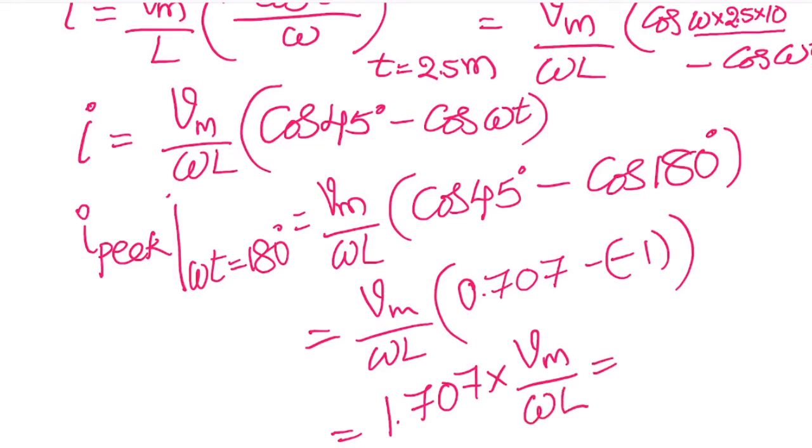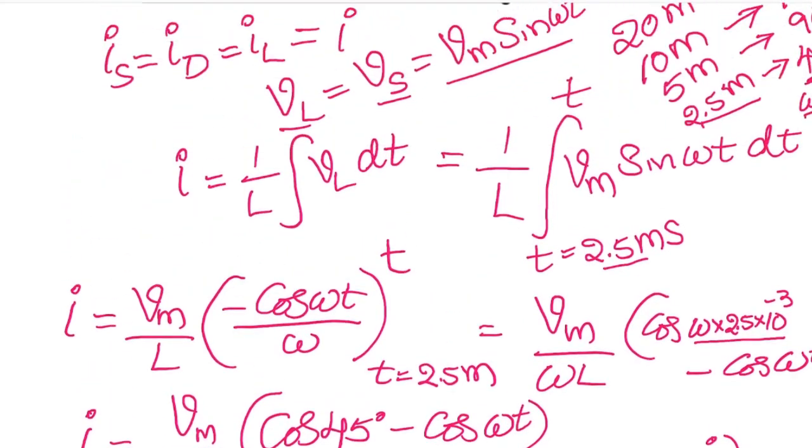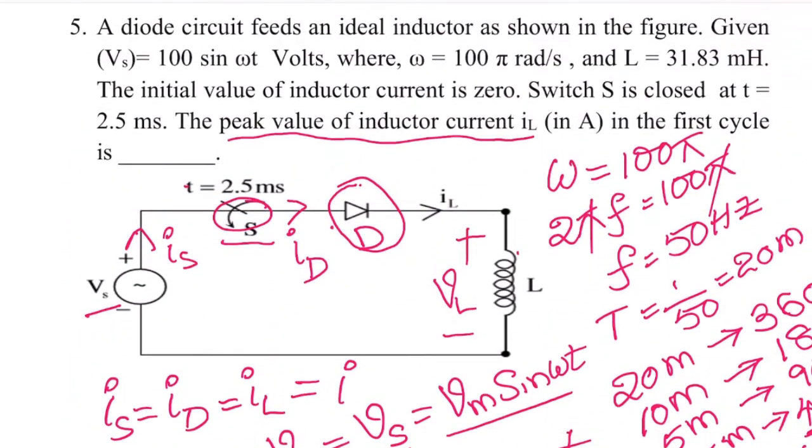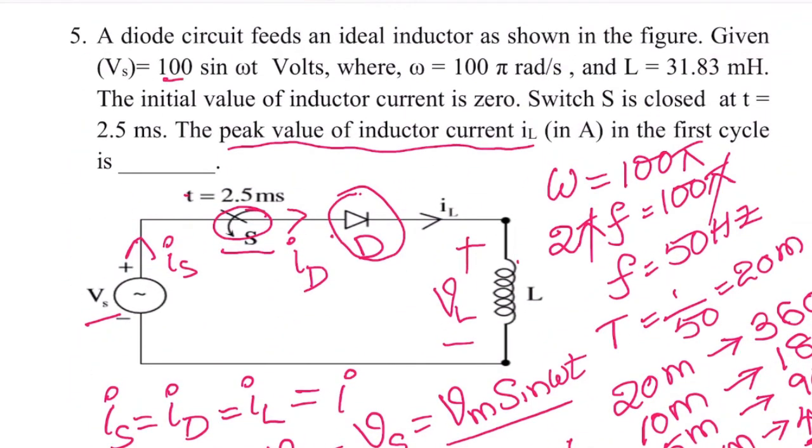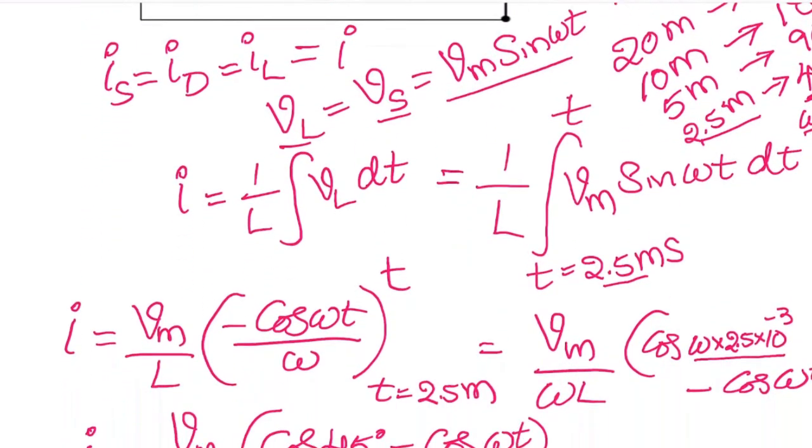Now, the Vm they have given in the question is 100, omega is given as 100 pi, and L is 31.83 millihenries.